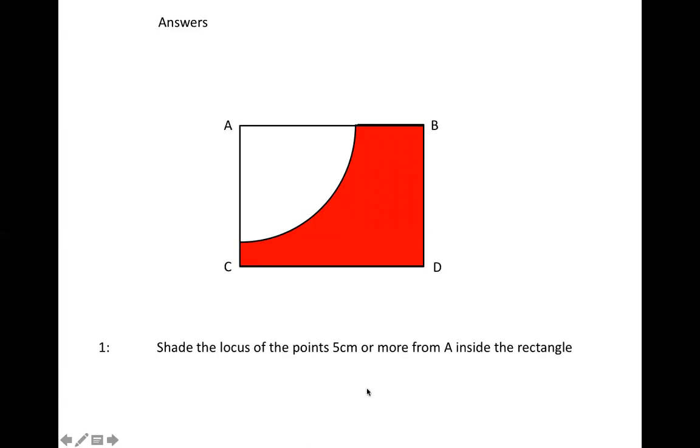So you take a compass, measure 5 cm on your ruler, stand on point A, and then draw the arc, and then shade this region here. Okay, quickly do.